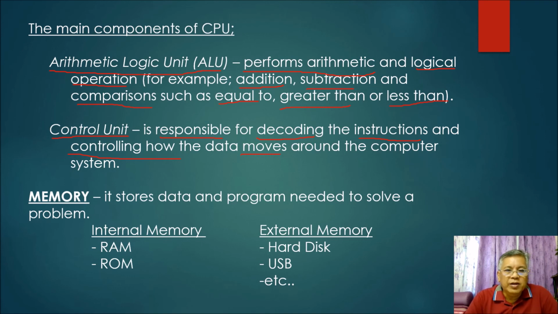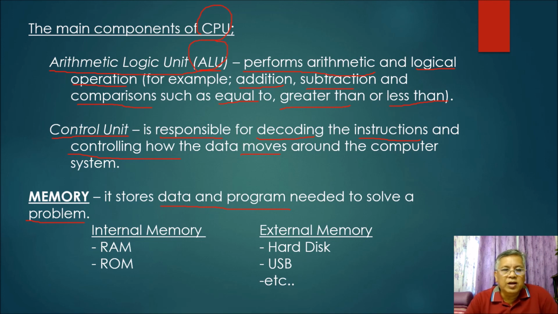Then we have here memory. Memory stores data and programs needed to solve a problem. So all the data and programs that you input in your computer are stored in your memory. Of course, the programs and data are processed by your central processing unit using the arithmetic logic unit or ALU.